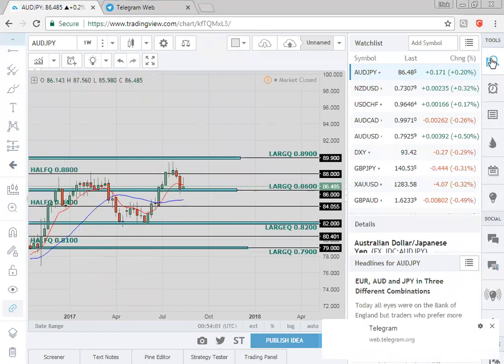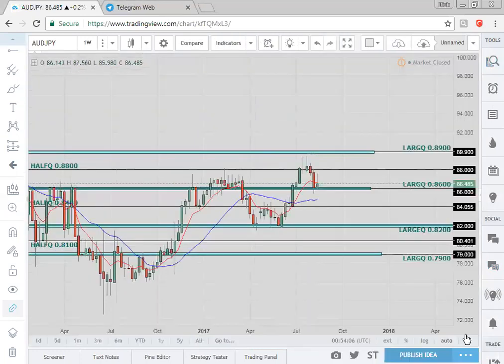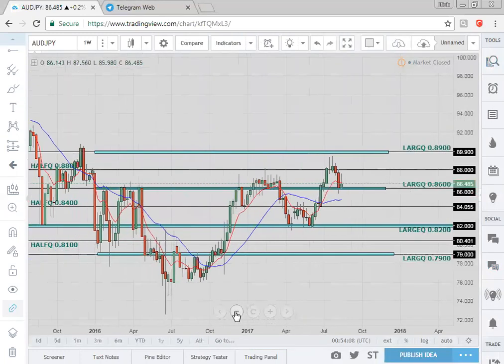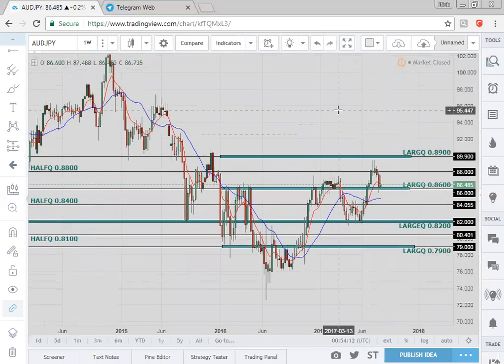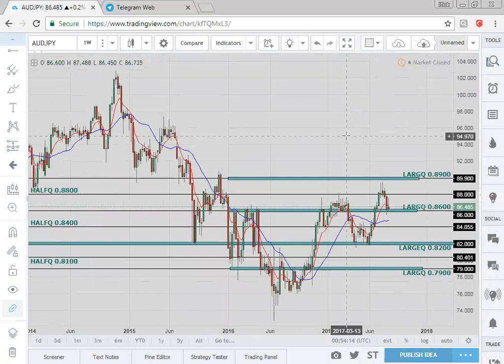Looking at the weekly right here, the very first thing you do when you enter the market is to determine the trend. If the market is in a downtrend, we are looking forward to sell. If price is in an uptrend, we are looking forward to buy.